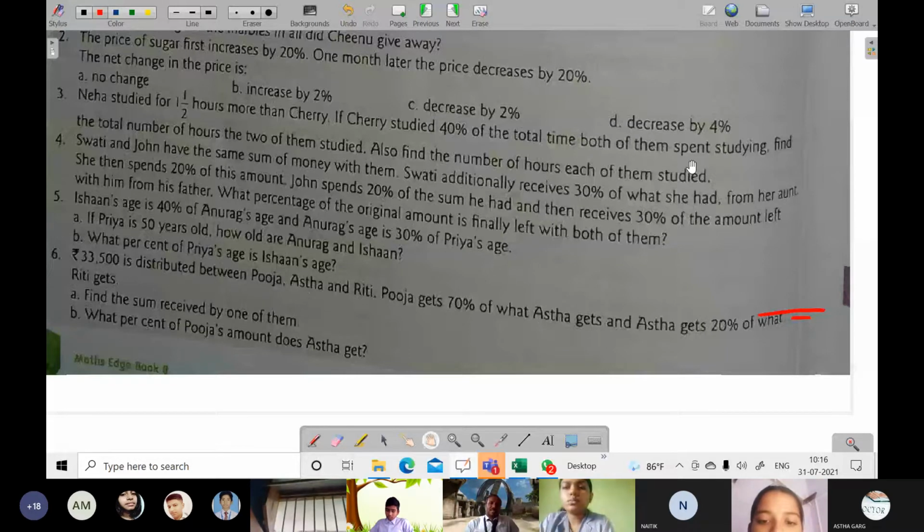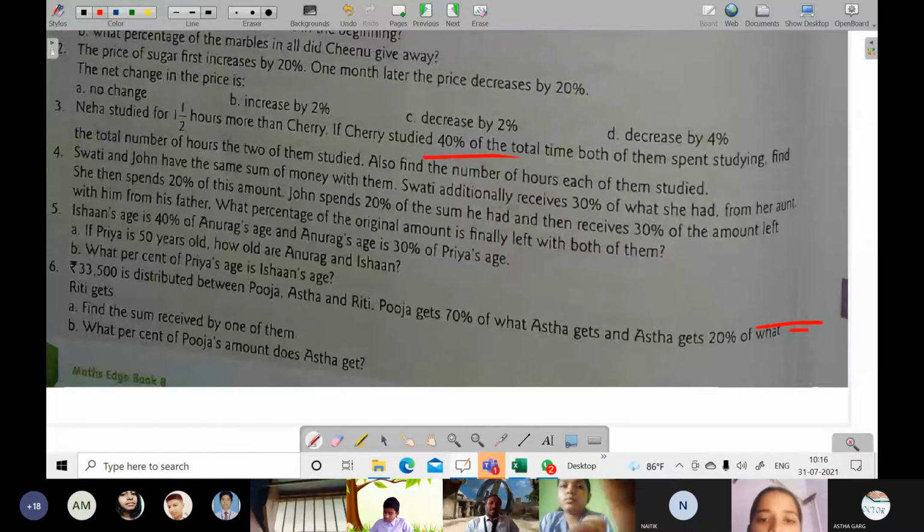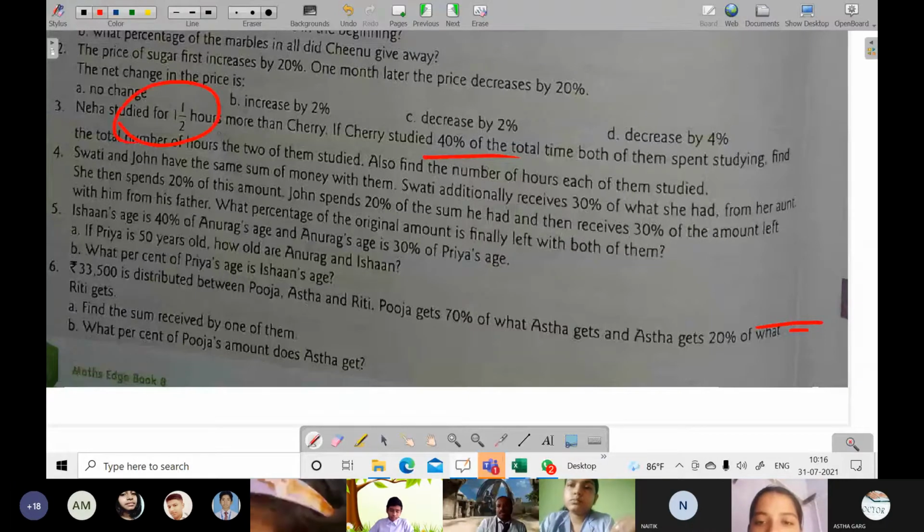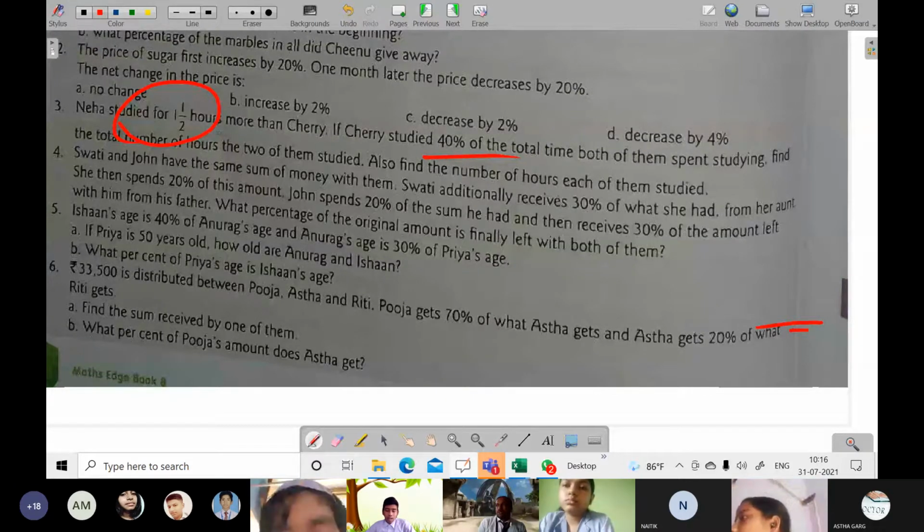Also find the number of hours each of them studied. So what you will do? Simply you will write, let Cherry study for x hour. Then Neha will study x plus 1 by 2 hour more. Then total time is x plus x plus 1 by 2 hour, and you will be getting 2x plus 1 by 2 hour.